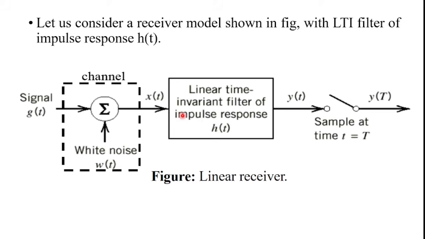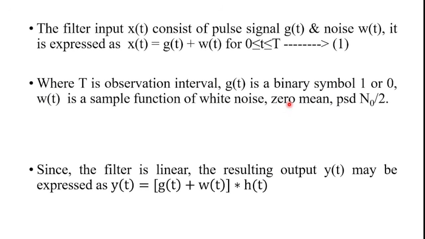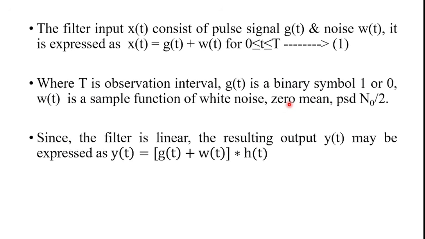The input to the system is x of t, and y of t is the output of the system. So y of t equals the input, g of t plus w of t, convolved with the impulse response of the filter.